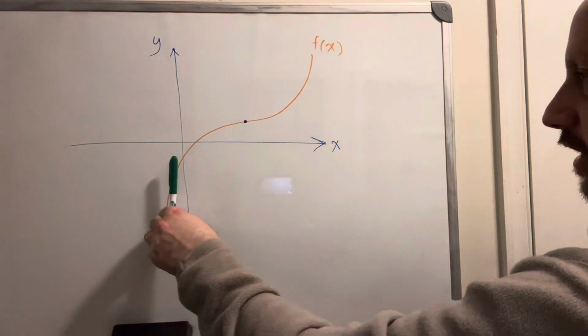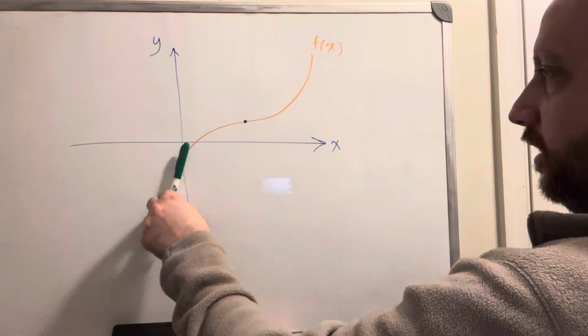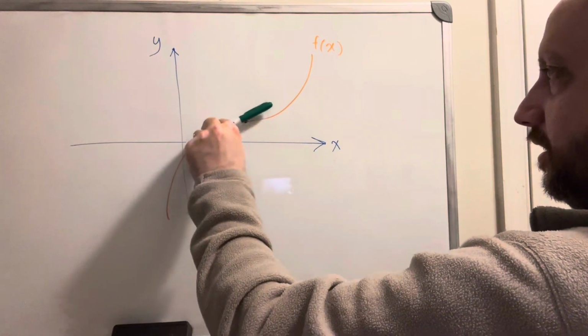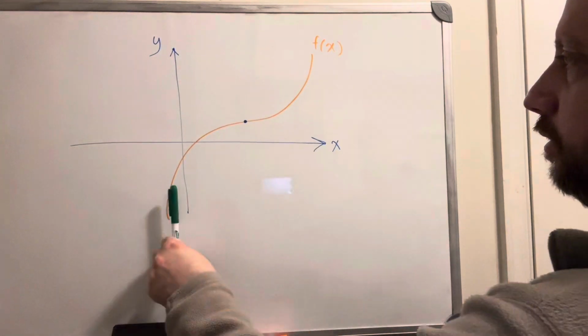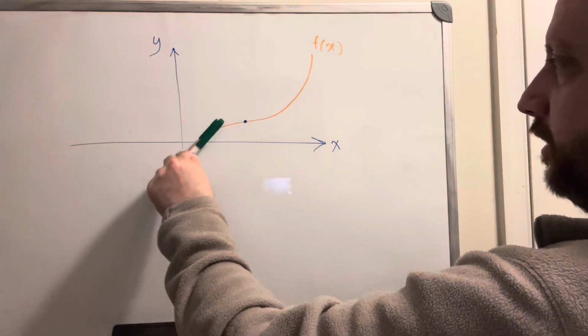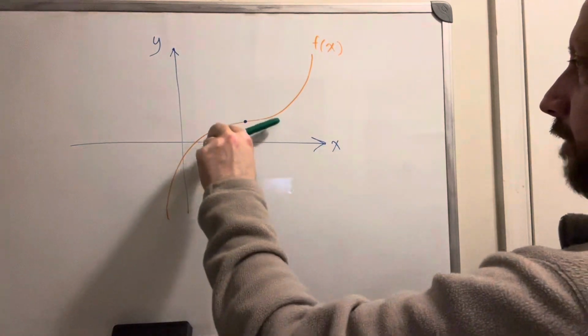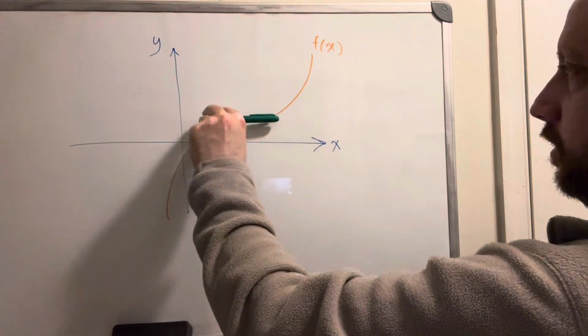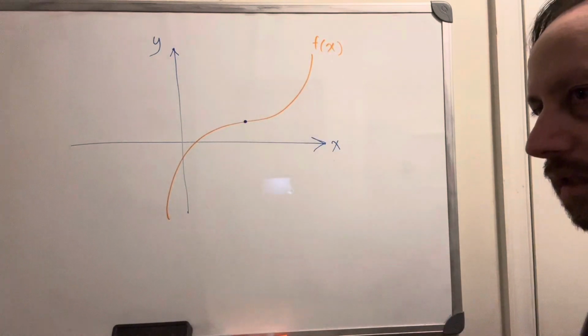You see, at this point, the slope is very high, positive. Then it's getting less and less. So the slope of the tangent is getting less and less, but after the point of inflection, the slope is getting more and more. That's something.